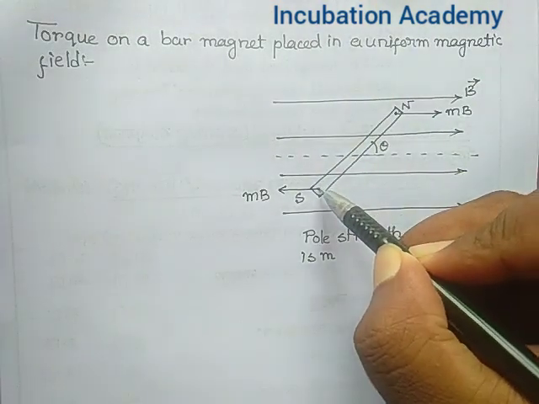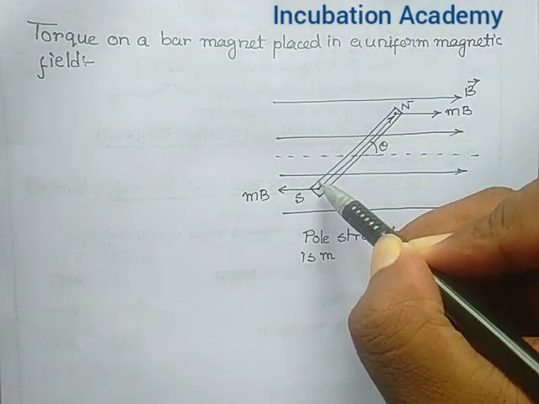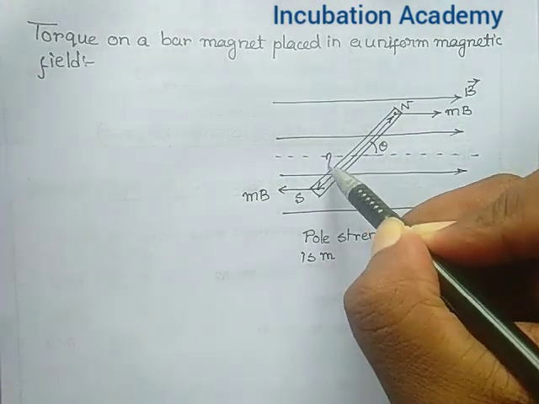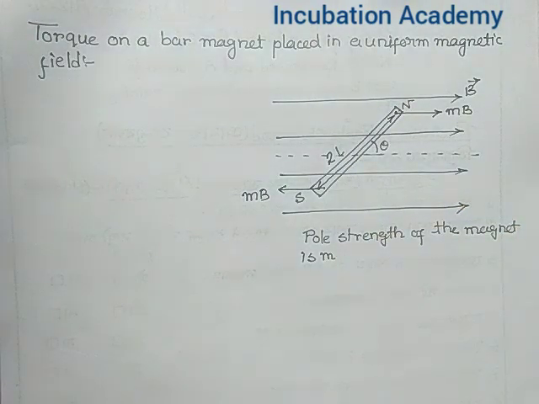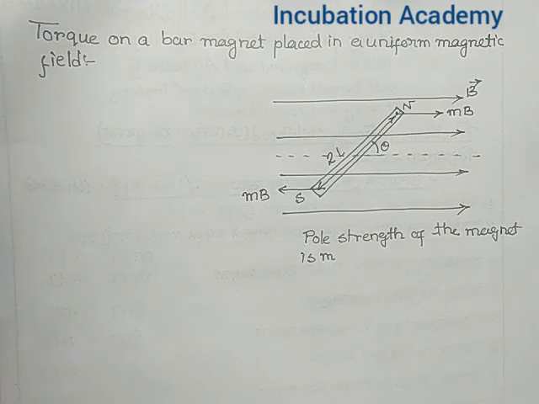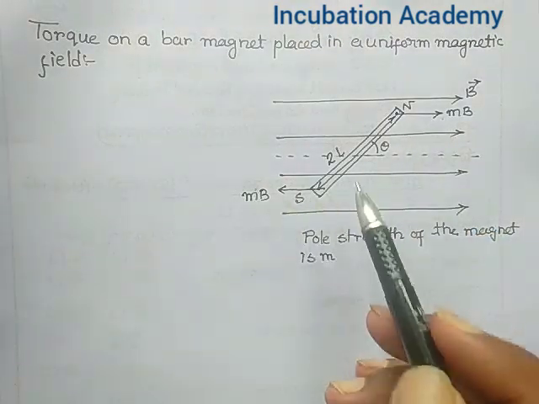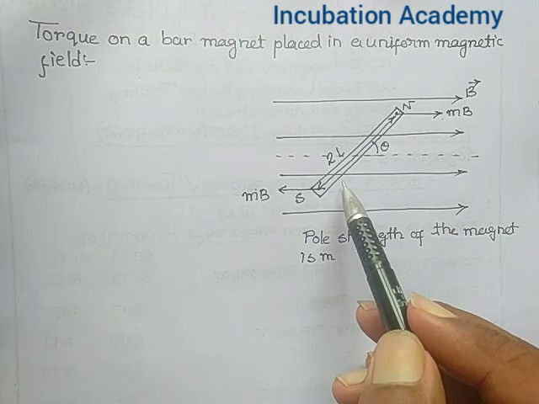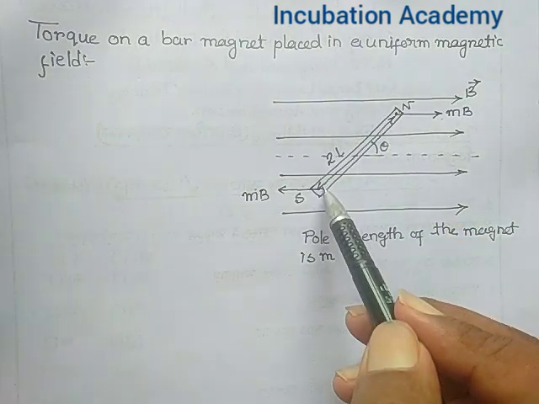Here if I denote from south to north, which is basically the magnetic length, the magnetic length is 2l. Now just think, two equal and opposite forces are acting on this bar magnet, but they are separated by a distance.